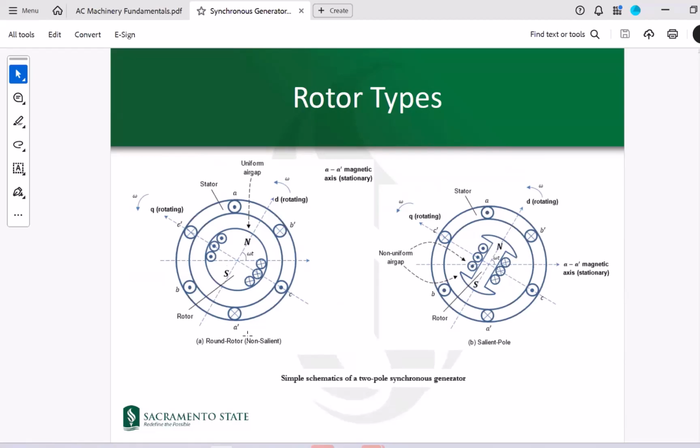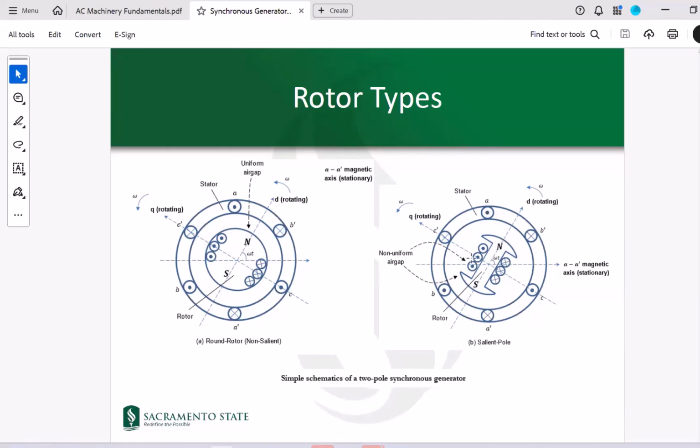Very simple showing of the round rotor versus the salient pole would be something like this. So in the round rotor, this is the rotor. In the salient pole, this is the rotor. So here is giving you an idea of what the rotor windings look like, how they are wrapped around the rotor, in this round rotor versus the salient pole.